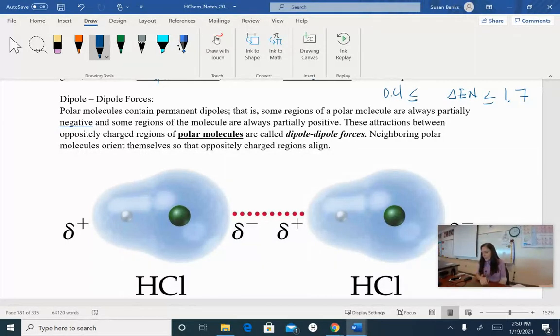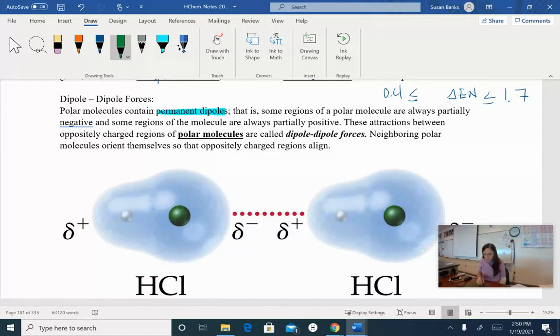One atom will be a little bit more electronegative and therefore pull the electrons towards it. Polar molecules contain permanent dipoles. They are permanent. They are not temporary. That is, some regions of that polar molecule are always partially negative, and some regions of that molecule are always partially positive.